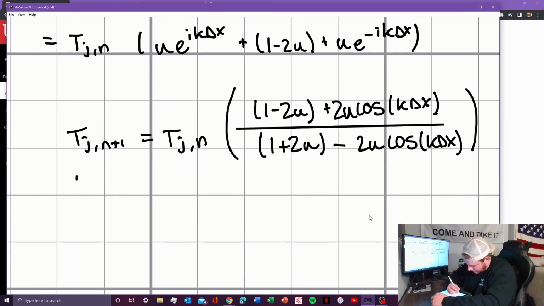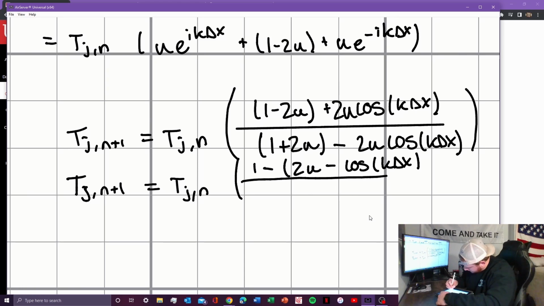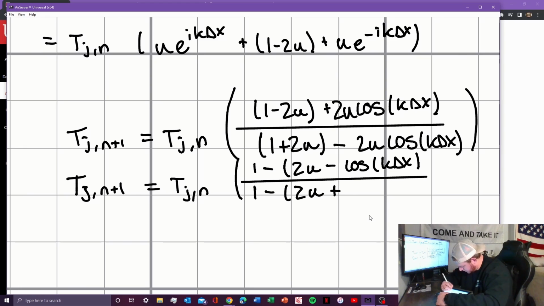We can rewrite this as 1 minus 2u minus cosine k delta x, all over 1 minus 2u plus cosine k delta x.